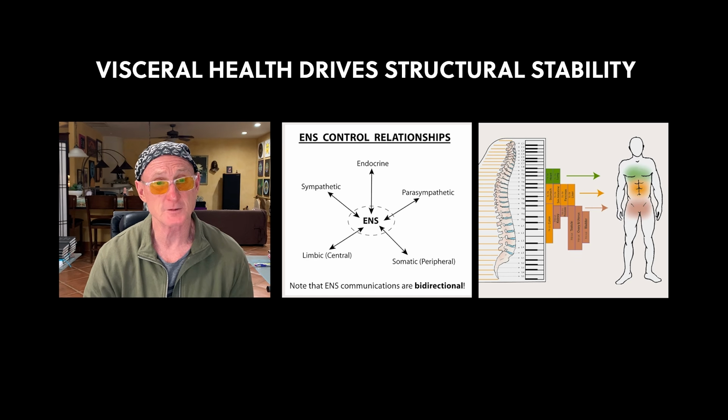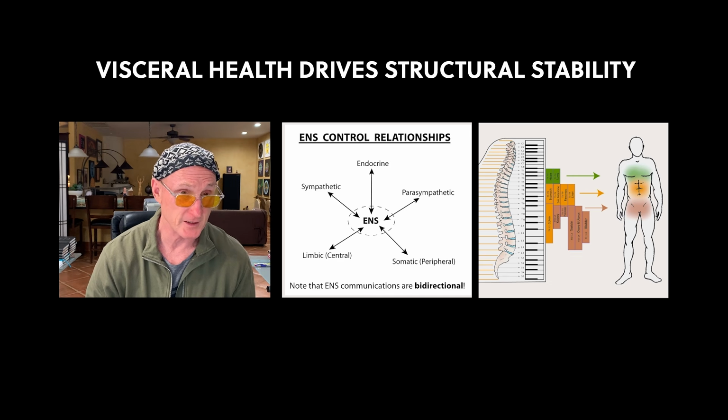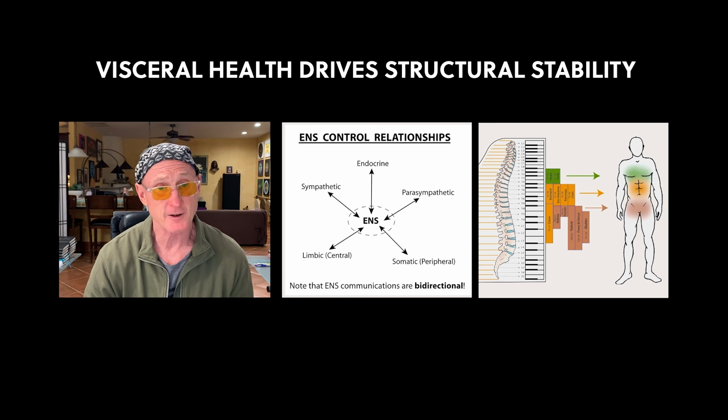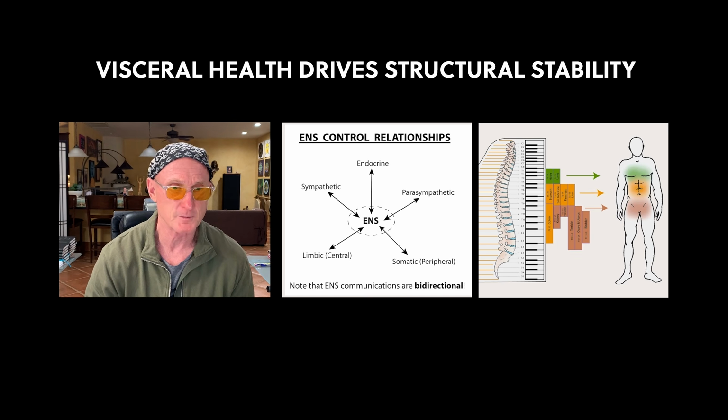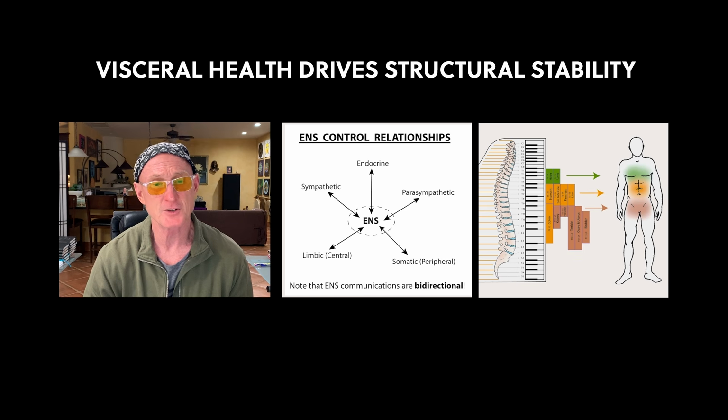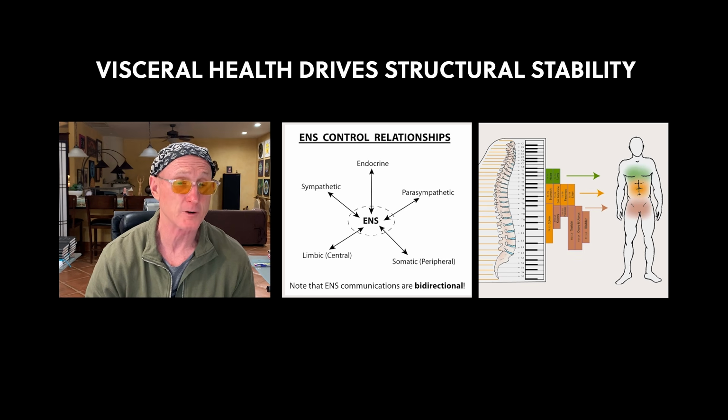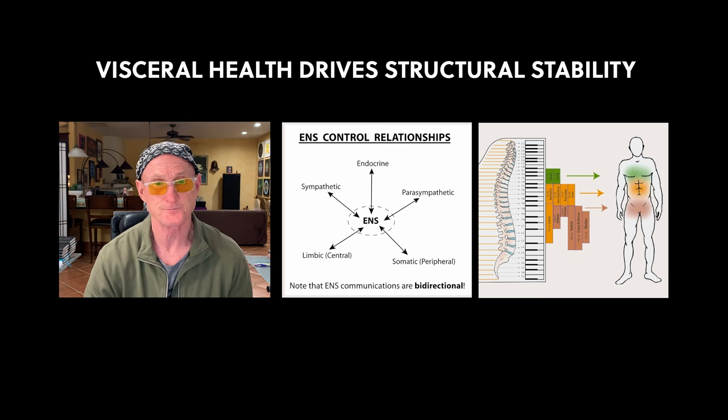Each of those systems that I just listed also has an influence on the enteric nervous system, and the enteric nervous system has an influence on them. That's called bidirectional communication. So there's a constant dialogue between the autonomic nervous system, the hormonal system, the limbic emotional system, and the tissues of the body, and the gut microbiome, and the gut itself.